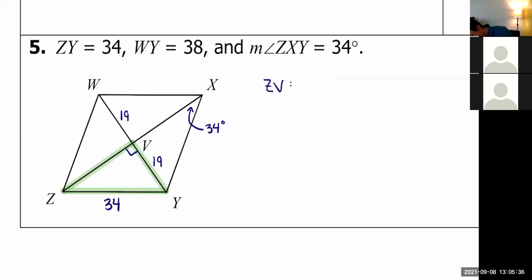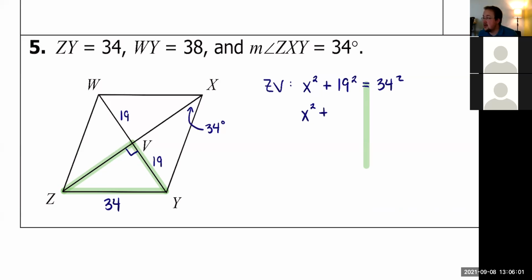So it's a leg, so I'm going to use x to represent it again. x squared plus the second leg, which is 19 squared, equals the hypotenuse squared, so that's 34 squared. And I'm going to solve. This is beyond my capabilities on perfect squares.